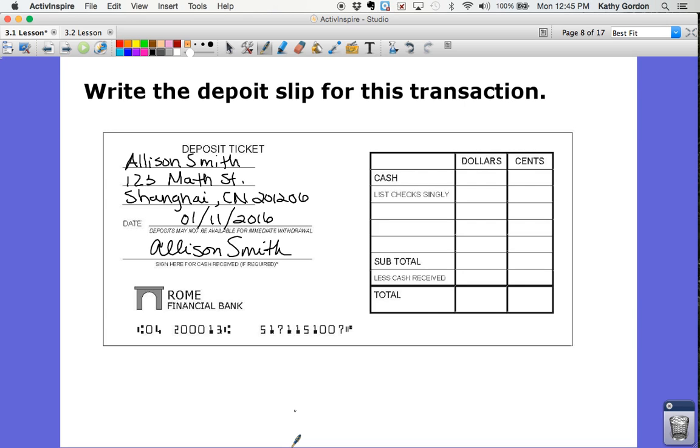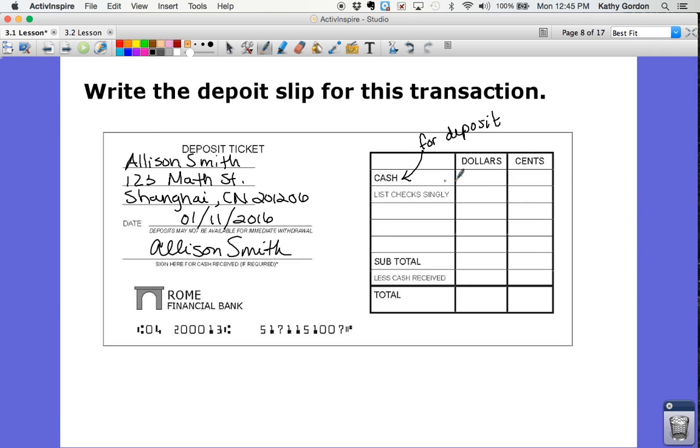Okay? Now, for the actual money amounts over here, where it says cash here on the first line is if you have any cash for deposit. So for some reason I end up with $1,000 all in 20s sitting around my house, and I don't want it sitting around my house anymore. So I decide to take it to the bank and deposit it in my account. That amount goes here for cash.